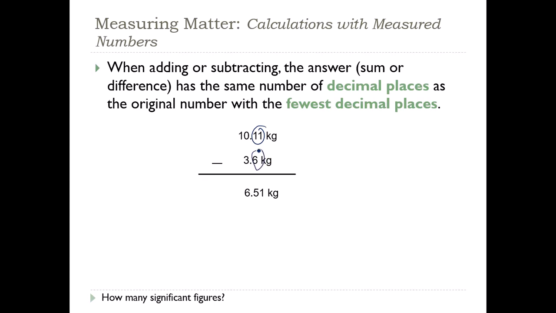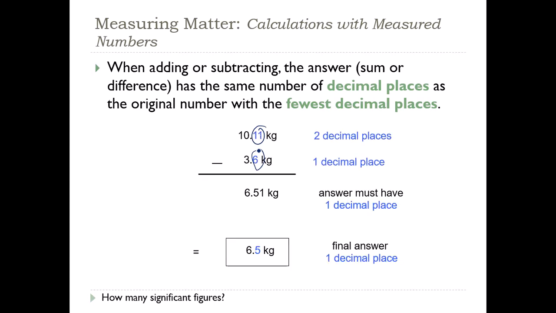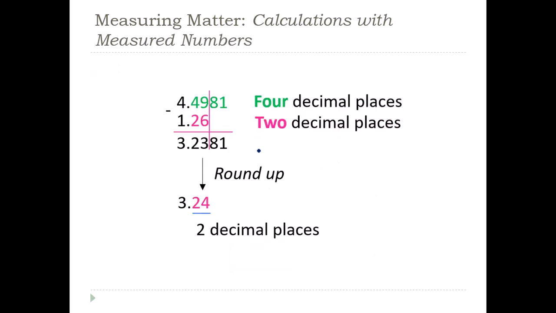So our answer should just have 1 decimal place. So 6.5. If you ask how many significant figures it contains, you should say 2, but 1 decimal place. And then subtracting, we have 2 versus 4. So this is the last one that we keep, but we round it up to 3.24.